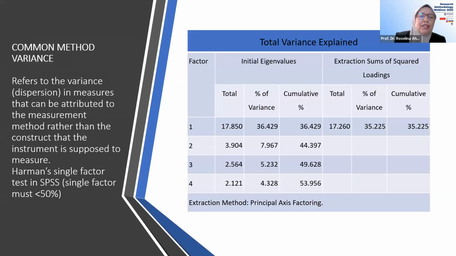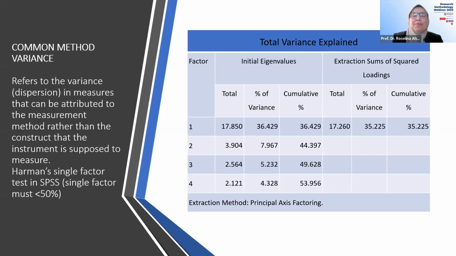And then the other one is the common method variance. Basically, common method variance is to see the dispersion of the items in measuring the constructs or variables, to what extent there is a spread of the items. For example, construct 1 or variable 1, you have 20 items.